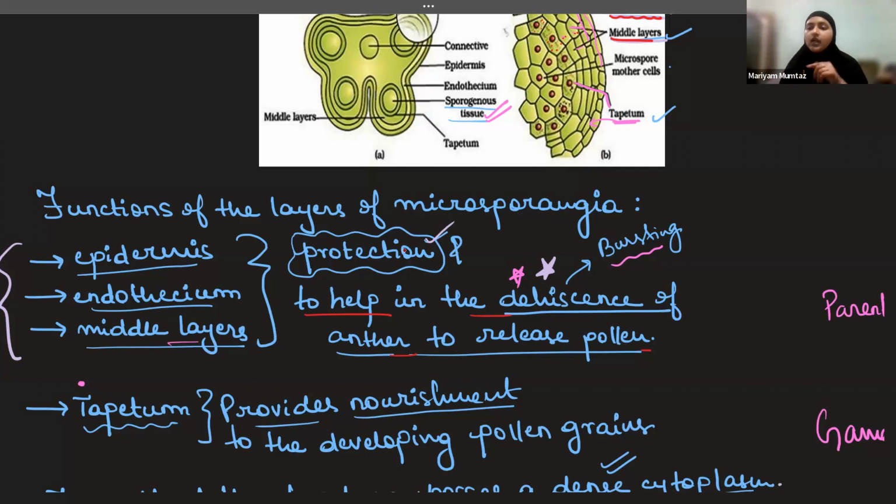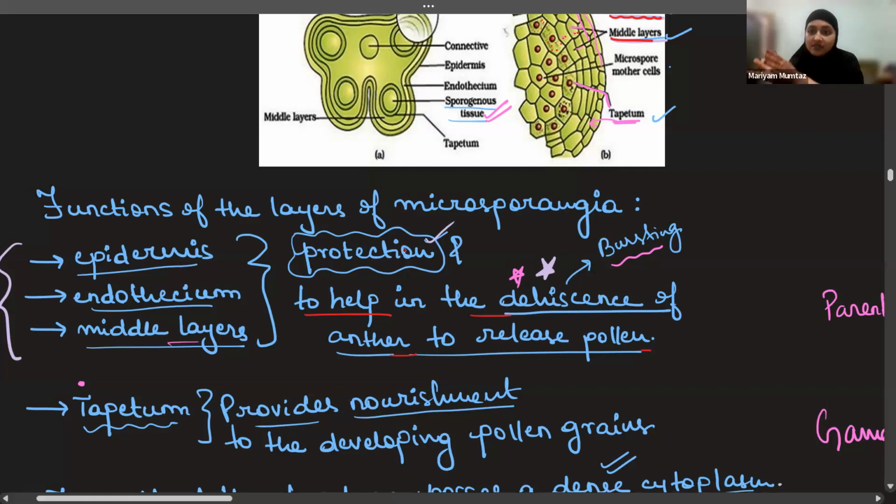Why does the anther burst? Because the pollen grains are made inside and they have to be released. Humans have a proper reproductive system, a way through which the male gametes are transported, but in plants there is no such organ.